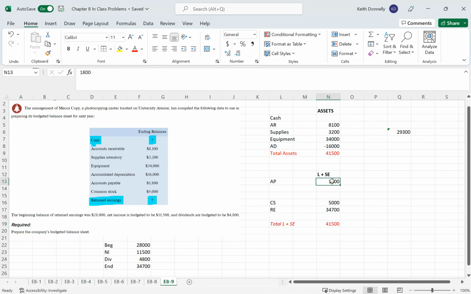So here's the deal: if it has to equal $41,500, but we're at $29,300 with all of these, that means the cash balance has to be $12,200. That was a little bit of a throwback to your financial accounting days if you forgot that retained earnings formula. It's your beginning plus your net income minus any dividends, gets you your ending.